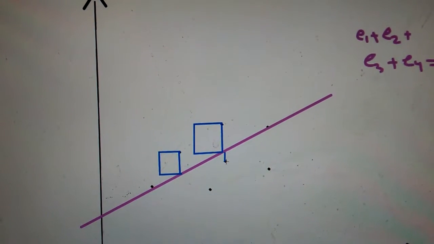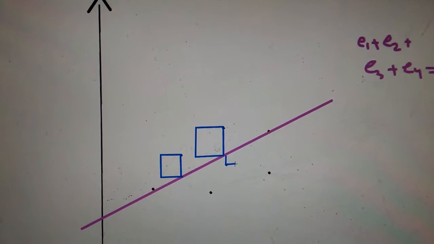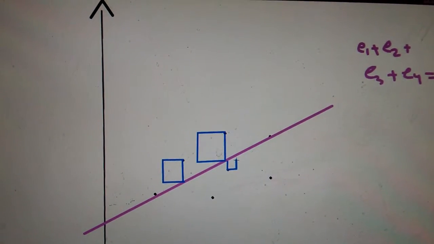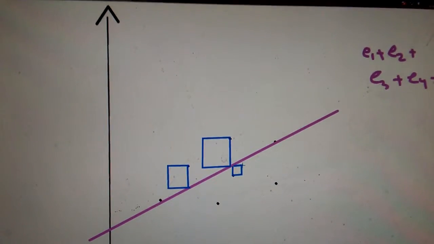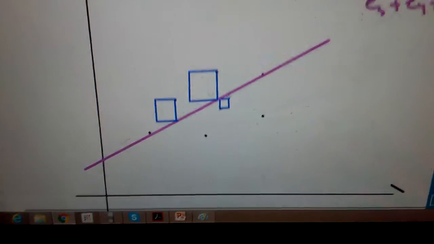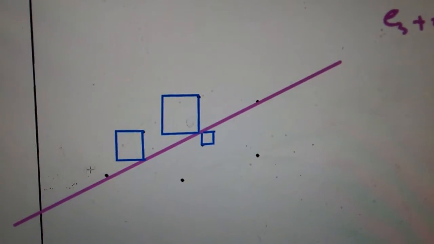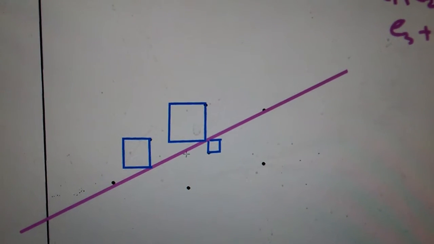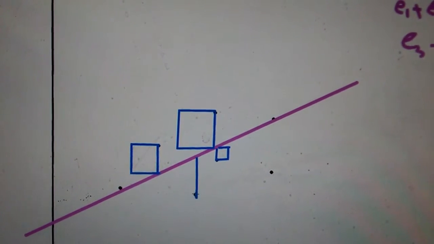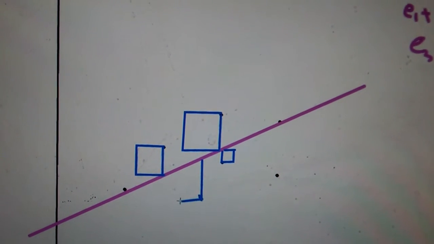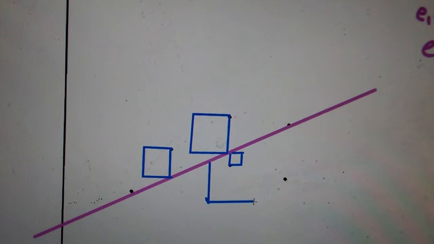Let it be, for example, 0.4 centimeter. Draw the square of the 0.4 centimeter length. It's this much. So in the same way, you draw all the possible squares and then you sum up the areas of those squares.